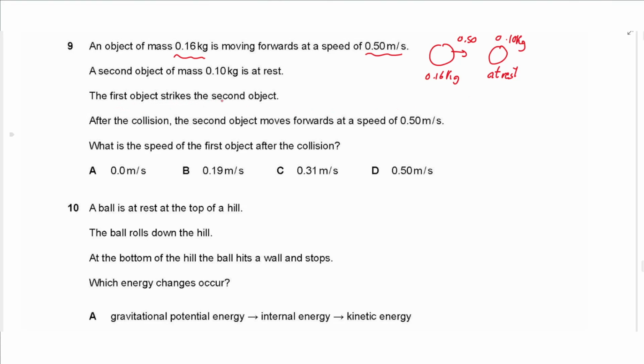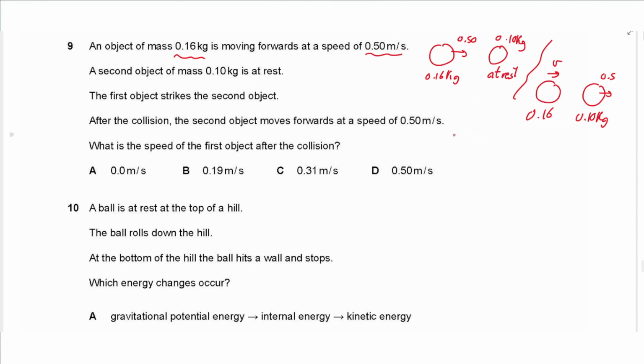The first object strikes the second object. After the collision, the second object moves forward at a speed of 0.50. So after the collision, we have the 0.10 kilogram object moving with a speed of 0.50 meters per second, and the original object, having a mass of 0.16, has an unknown velocity. We want to know the speed of the first object after the collision.